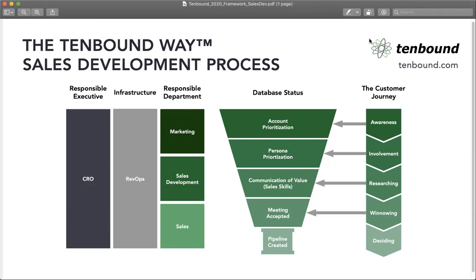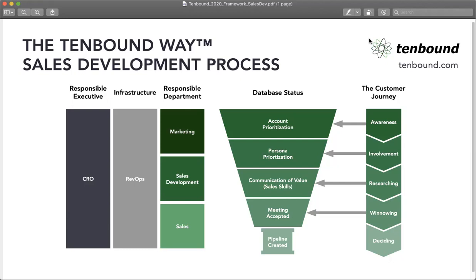And this is where the SDRs really need to work on their communication skills, whether it's writing, social, or calling people. They need to be able to communicate the value, talk about the pain points, and get a commitment from the potential customer that they definitely understand their world and they have something that might be of value.